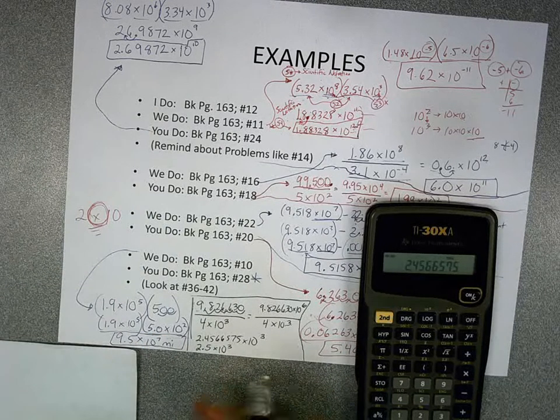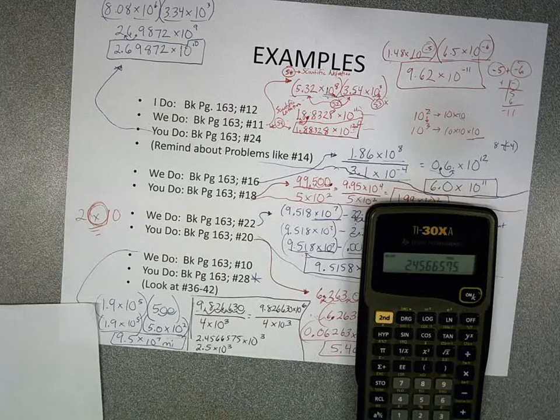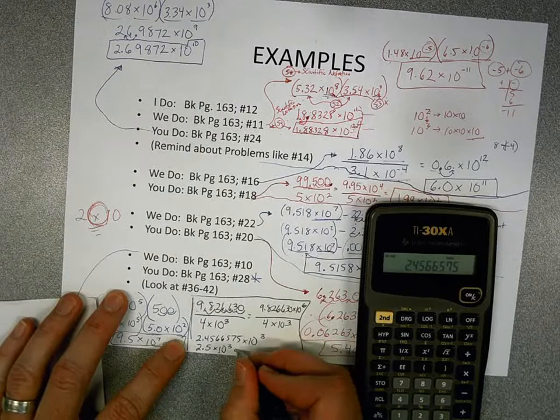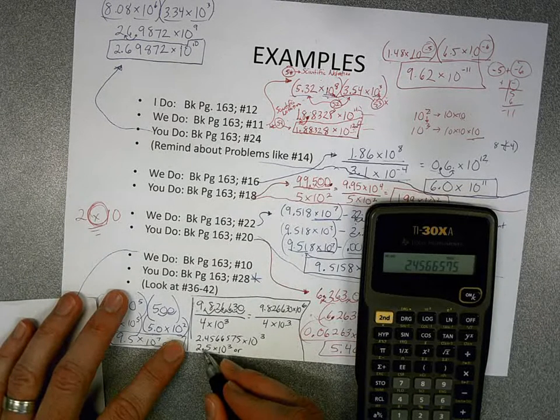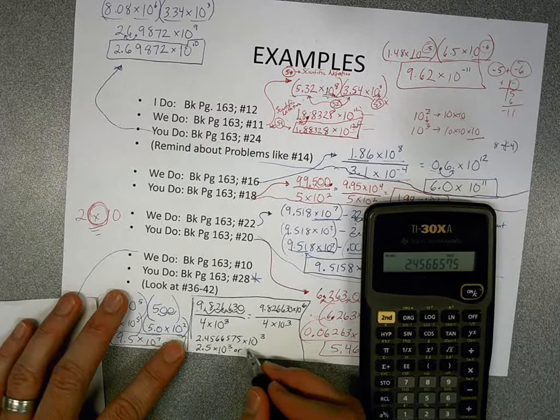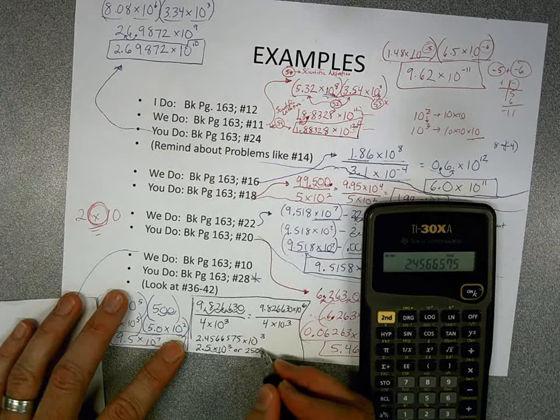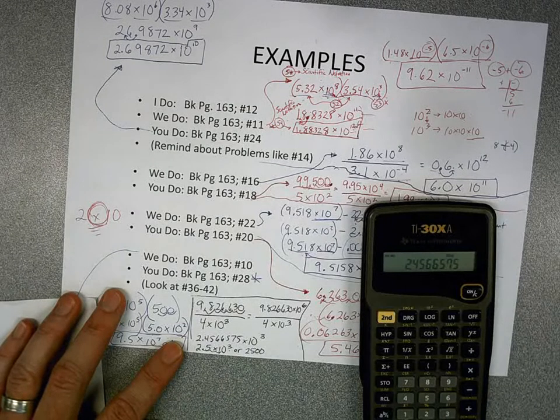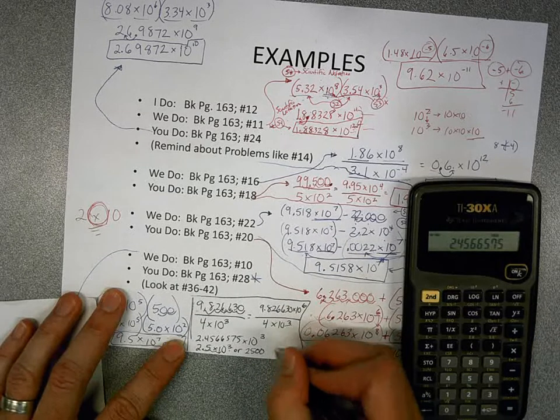Now, this could be it, or, since it's so small, I can convert it to an actual number. So I move the decimal over 1, 2, 3 to get 2,500. Now, rereading, just like our POD, about how many times greater? So about 2,500 times greater.